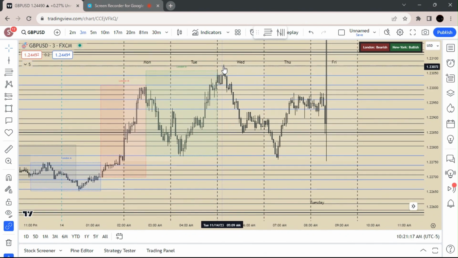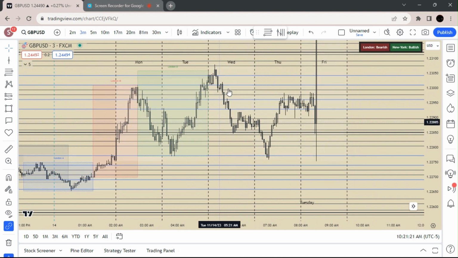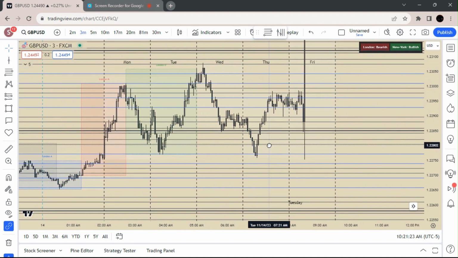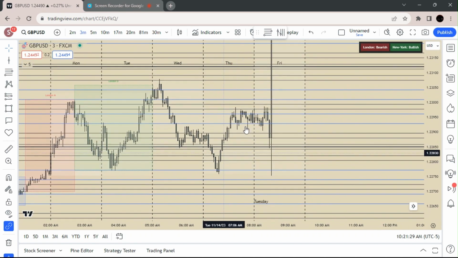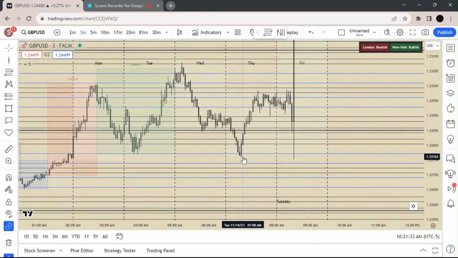You had that Wednesday high just outside of the breaker, so you could have shorted that. And then you see when we hit that breaker again, we rejected. It's a reclaim, and that's on the Thursday reversal. And then there was news, and it wicked down here. But I mean, if you enter down here, you're not gonna get stopped out.